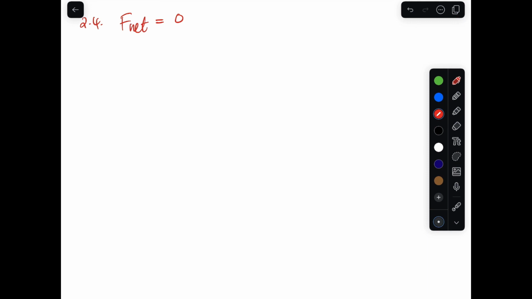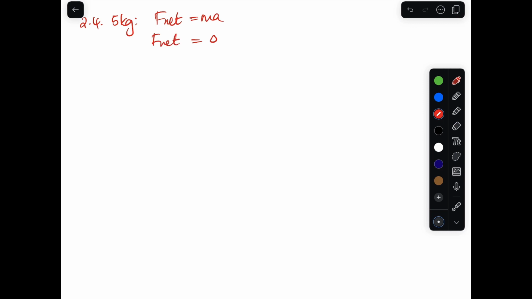So what are the forces? This is the 5 kg equation. So F net is equal to ma, and then acceleration is 0. So we have F net is equal to 0 there.